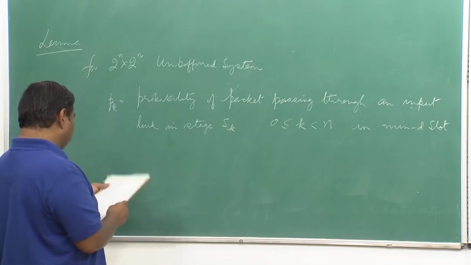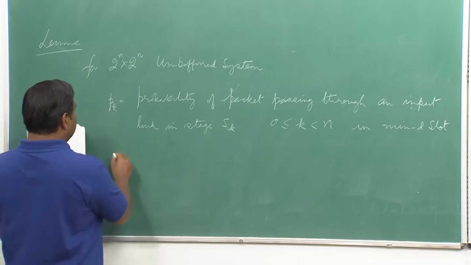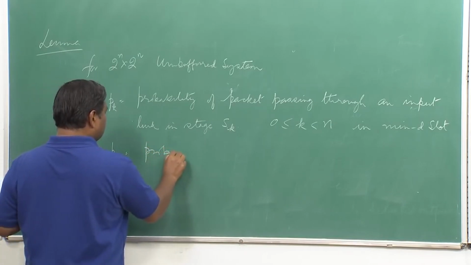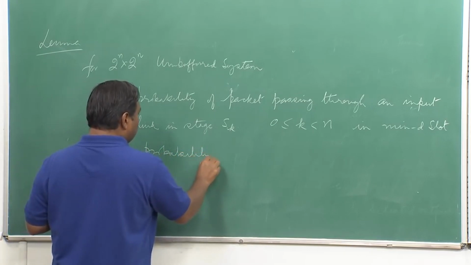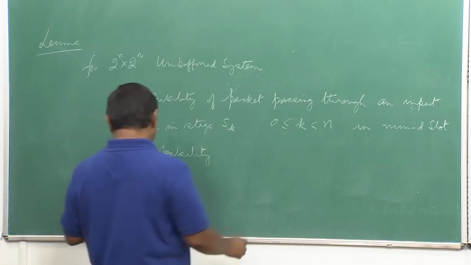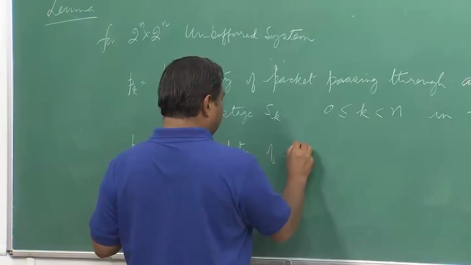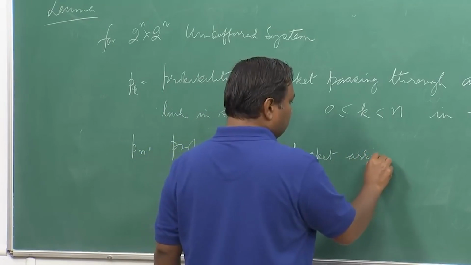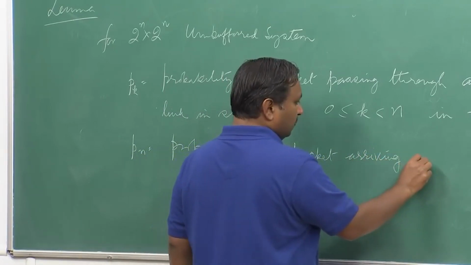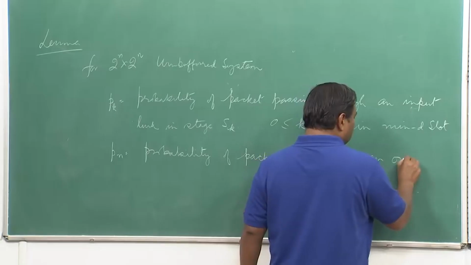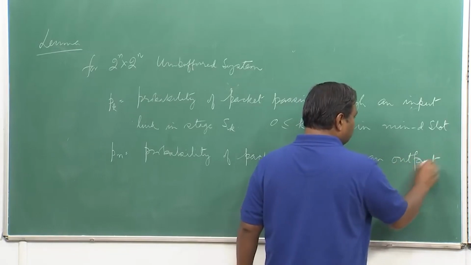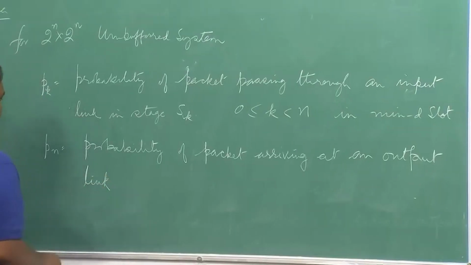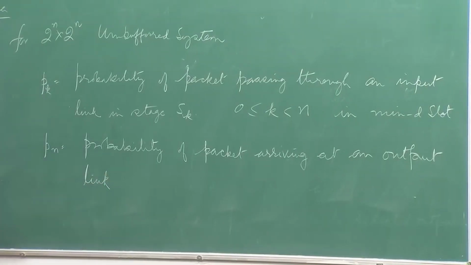Okay, that is an unbuffered system, and Pn is the probability of a packet arriving at an output link.